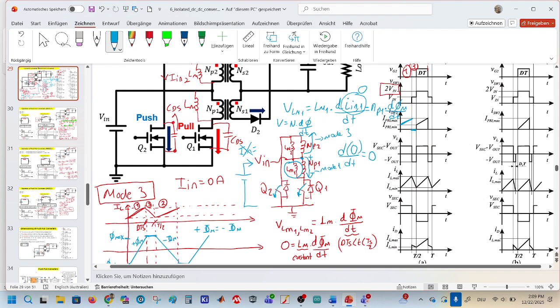There is no change. If there is no change of current in the circuit, that means there is no voltage across the first windings of the transformer. The voltage now is here 0.